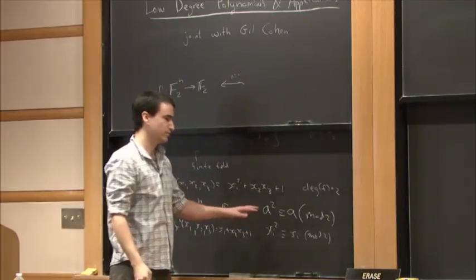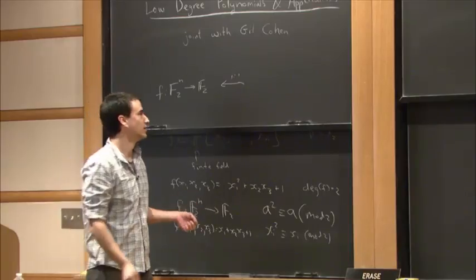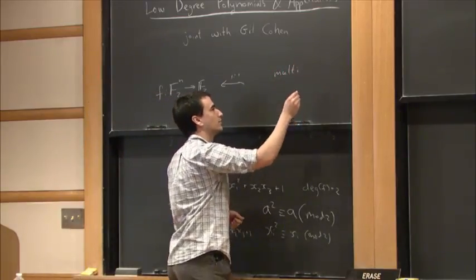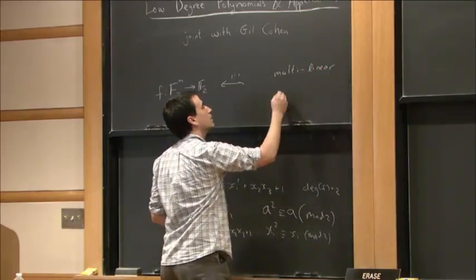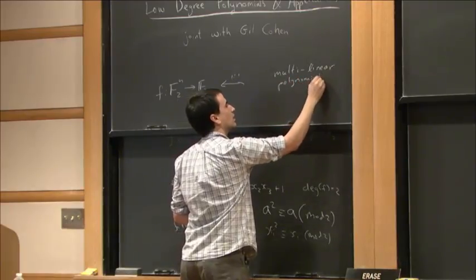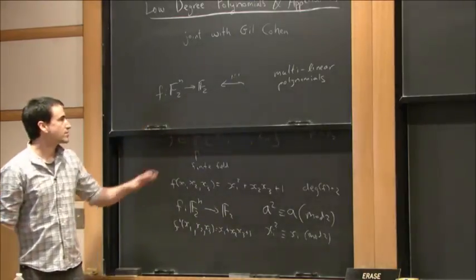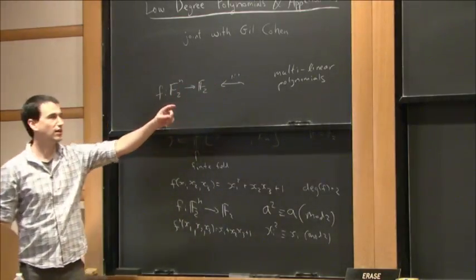Okay, so polynomials in which the degree of each individual variable is at most 1. And we'll go back and forth with this one-to-one correspondence. Okay, so this relation is unique. For any function, there is a unique multilinear polynomial.